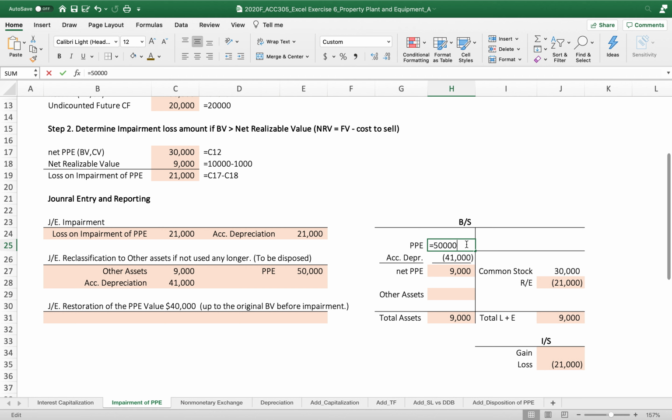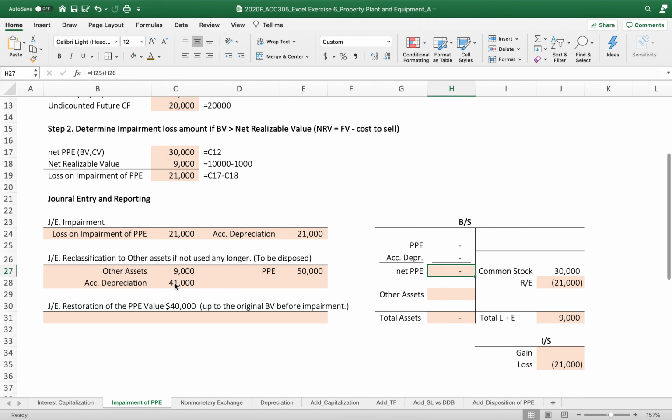So that, let's put this here, minus 50,000 PP&E. So we don't have any longer on the PP&E. Also, let's get rid of this by putting positive $41,000. That is the opposite effect of the contra account that reduces.